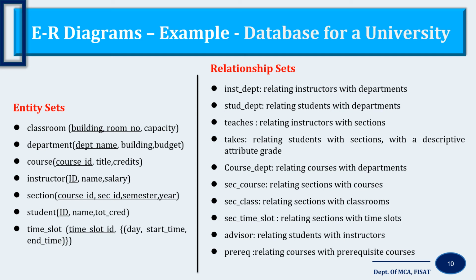The instructors with the department, we are naming it instructor department. The students with the departments, we are naming it student department. The instructors with sections, we are naming it teaches. Make sure that we give a proper attribute name or relationship name which is easily understandable by a third person also.